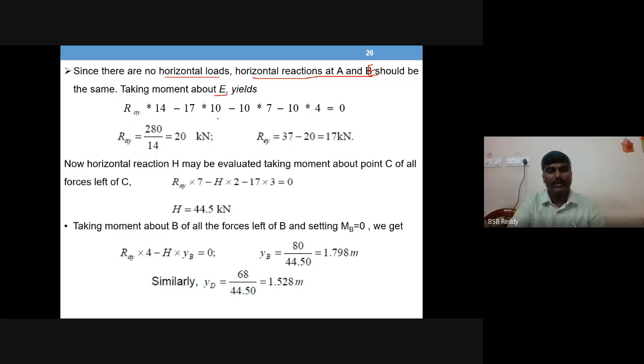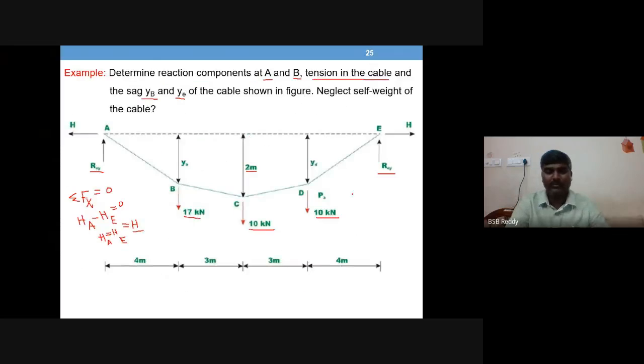Sigma M about E is equal to 0. That you have to write now. So take moment about this E. Sigma ME is equal to 0. So what do you write, starting from here at A? This H will pass through E, so moment is 0.